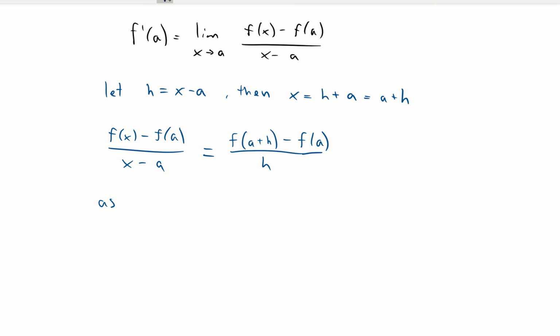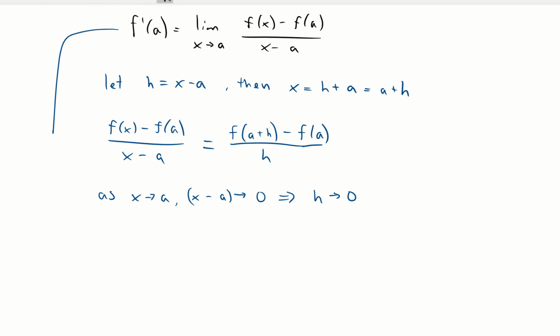So as x approaches a, x minus a approaches 0, which means h is approaching 0.